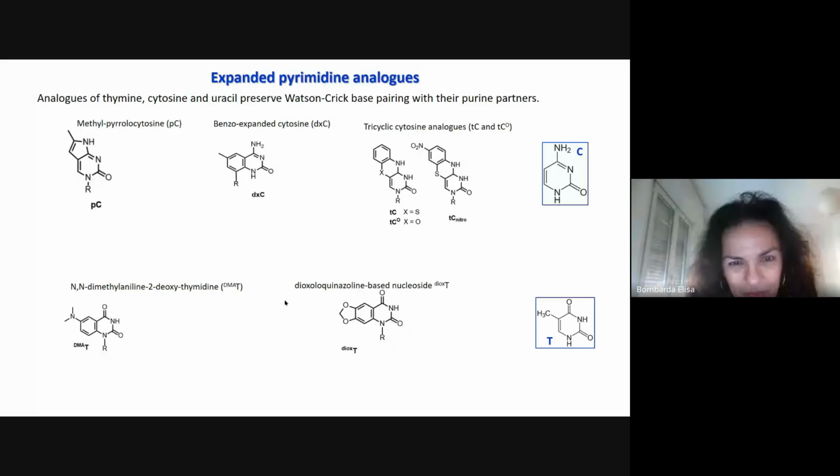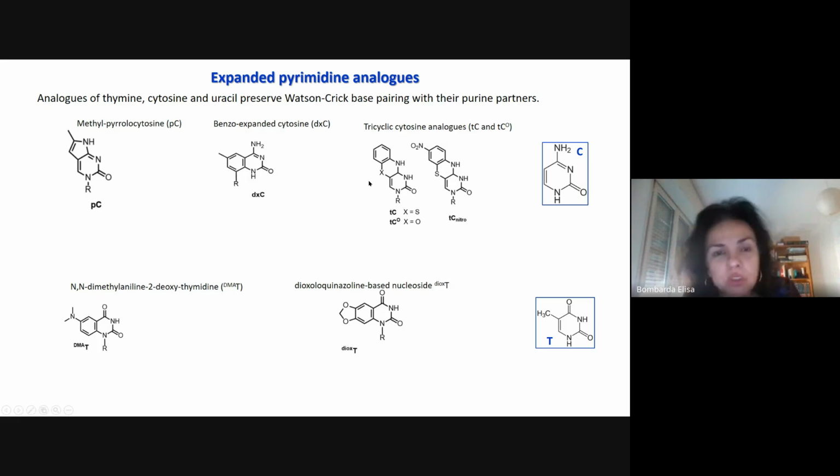So that is some examples of expanded pyrimidine analogs. As you see, these are the natural nucleobases, and these are their expanded versions. They all have useful properties, more or less interesting according to their quantum yield, or the lifetime, and so on.